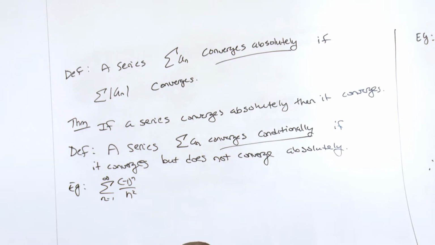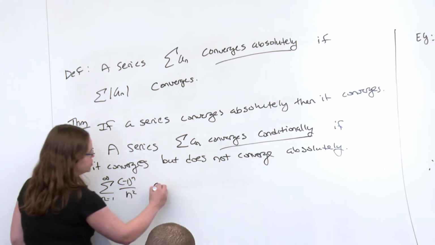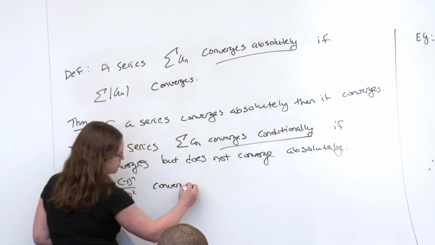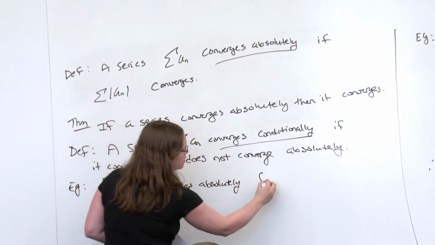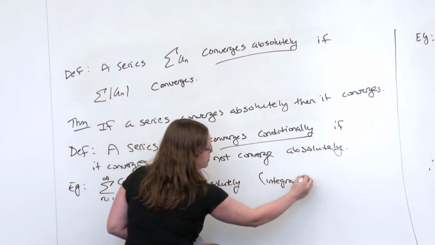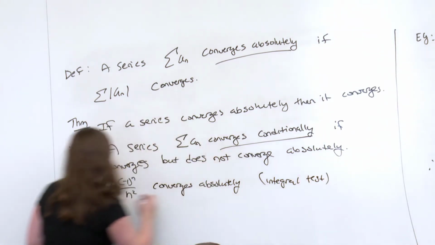If you get rid of the minus 1 part, you get convergence. You can do an integral test. You call it a p-series, whatever you want to do. So you know it converges.